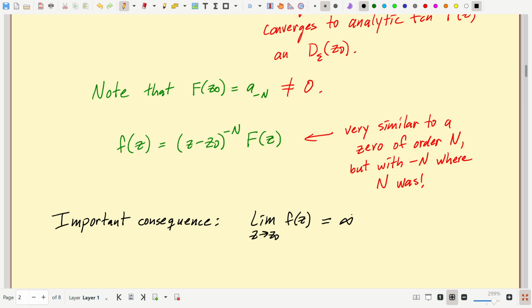And in fact, that's the defining feature of a pole. It happens exactly when the function blows up to the point at infinity at z naught.